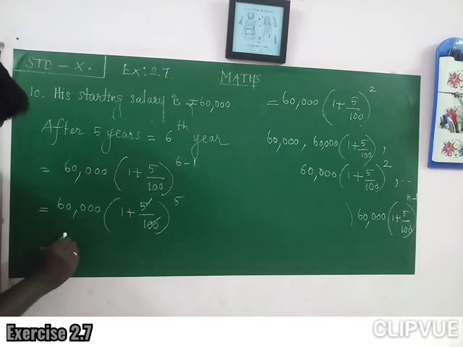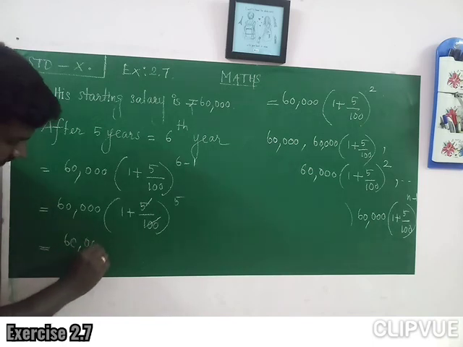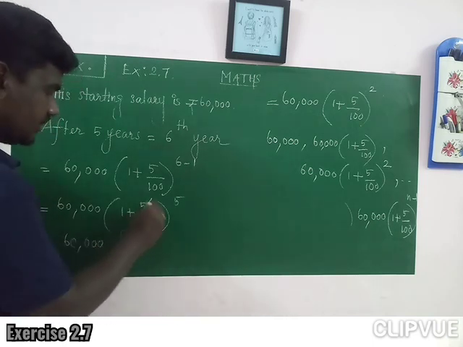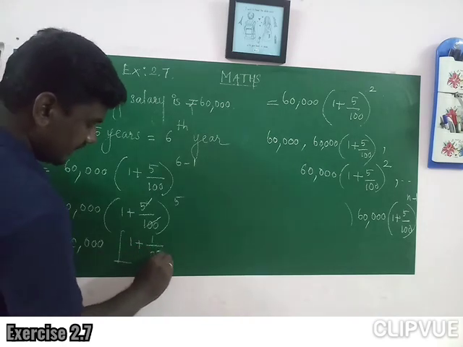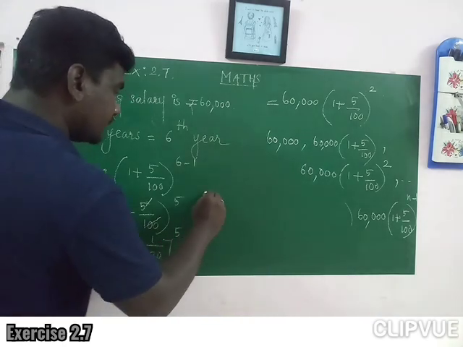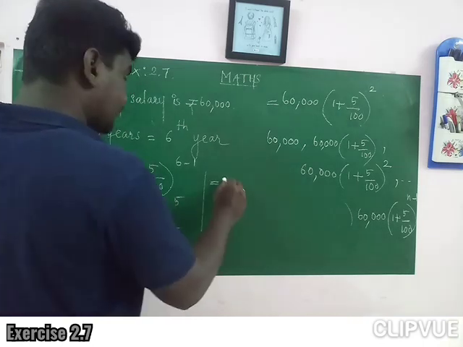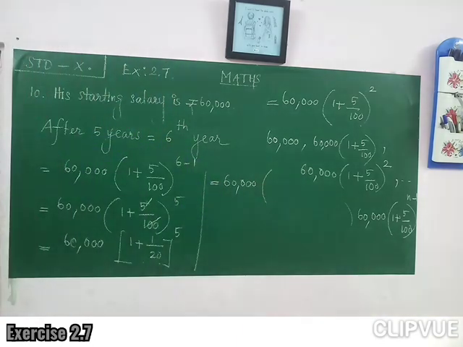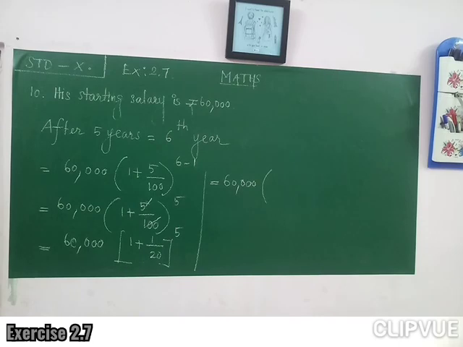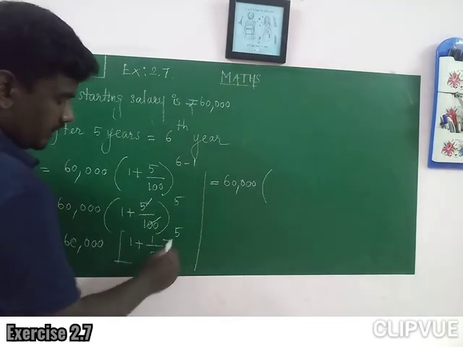If you simplify this, what do we have? 60,000, 1 plus 1 by 20 whole power 5.